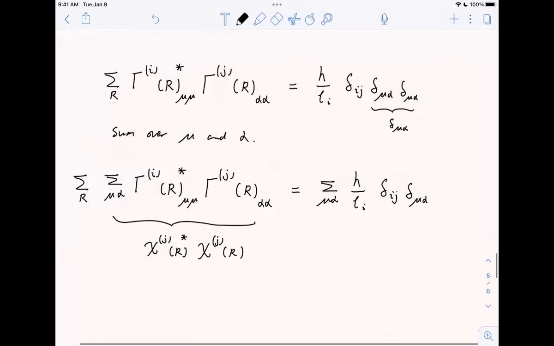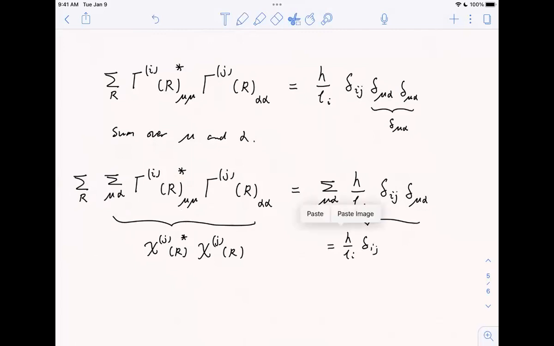And here, when you sum over, you're going to get 1, because you're summing over alpha on the delta function.